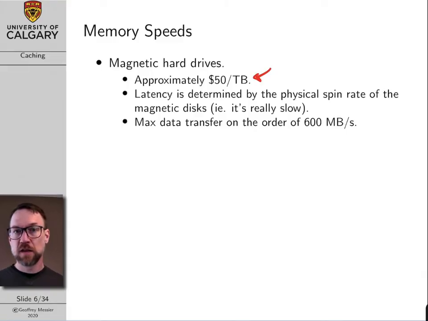But latency is pretty bad on magnetic drives, and latency is determined by literally the physical spin rate of the magnetic platters within the hard drive, and maximum data transfer tends to be on the order of 600 megabytes per second, so several times slower than flash. And because of flash's speed, you see it a lot in gaming computers now, and solid-state drives are really starting to overtake magnetic hard drives.